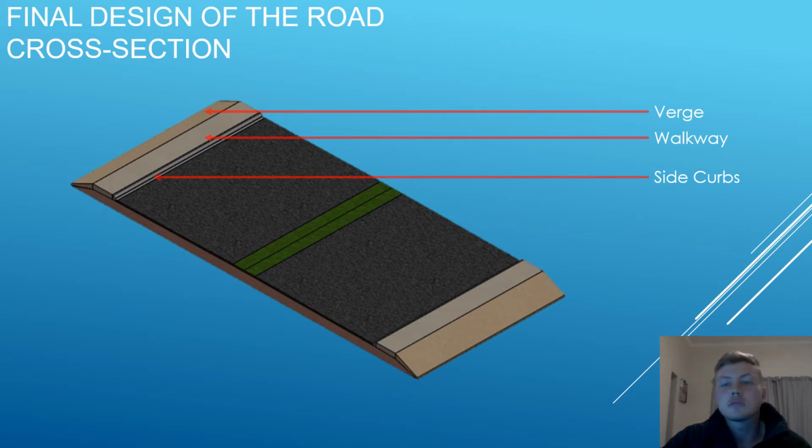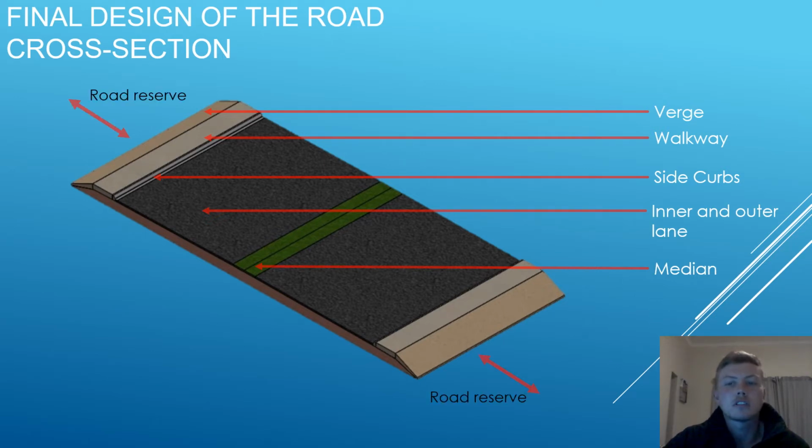The side curbs are to help with the drainage systems that were designed for this road. An inner and outer lane will be used going both directions of the road. In the middle of the road, we have a median that is used as a divider between the two directional roads.